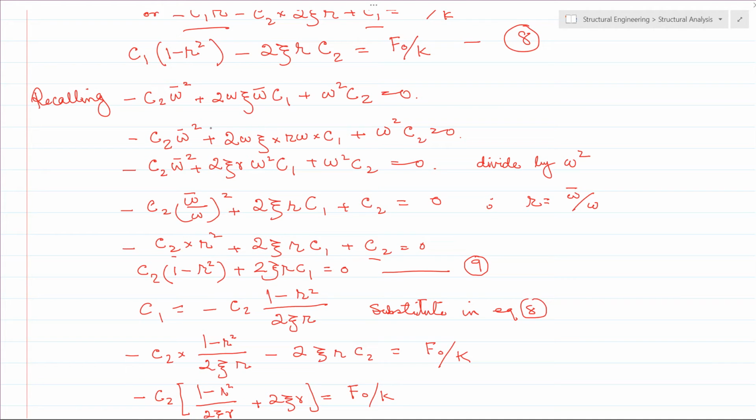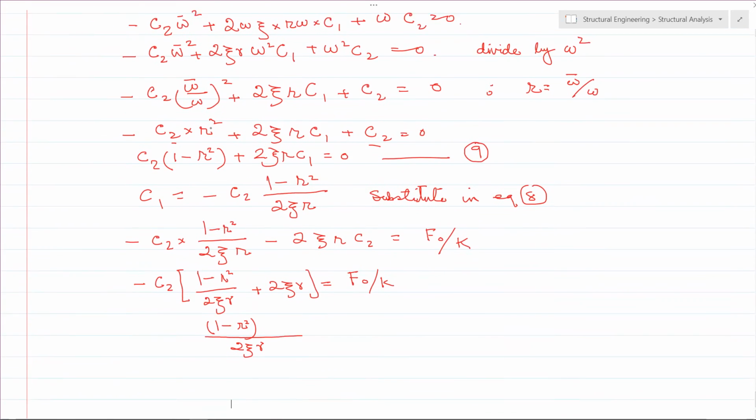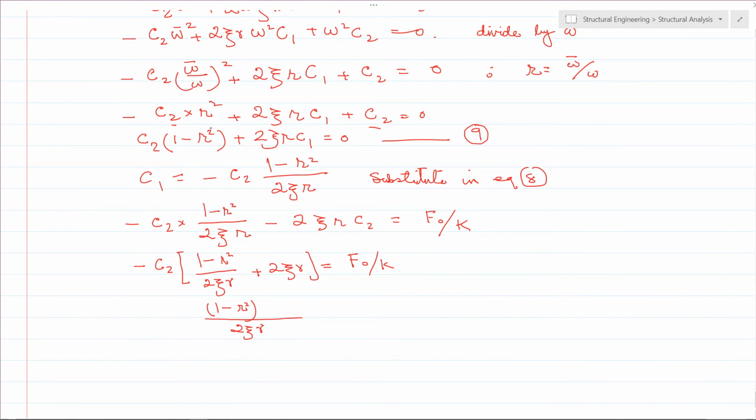Sorry, I forgot 1 minus r square is also there. So here 1 minus r square whole square plus 2 times xi c r whole square, and this is multiplied by C2 with a negative sign. This is equal to F naught over k.